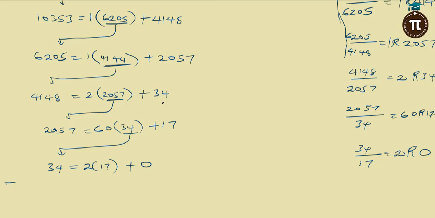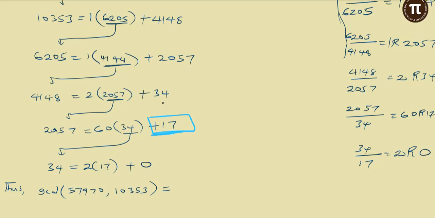So therefore, the GCD, greatest common divisor, of 57970 and 10353 is equal to, now how will you know the answer? The answer is the last remainder before 0.